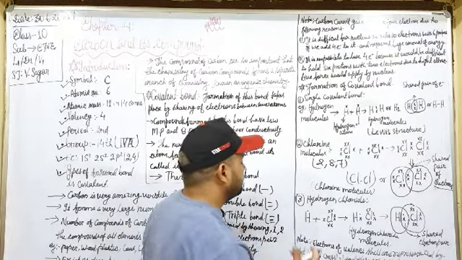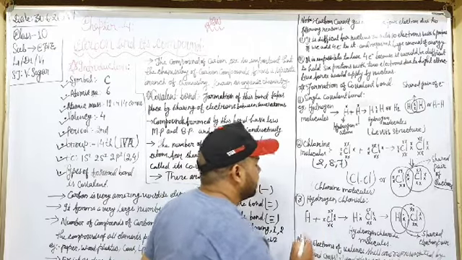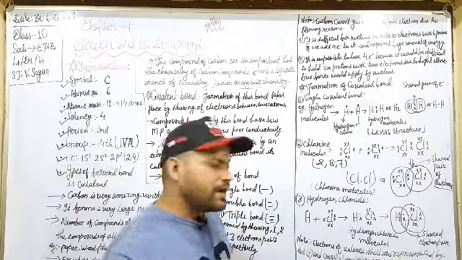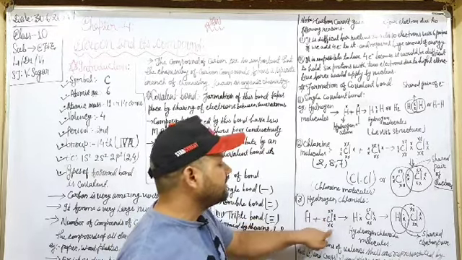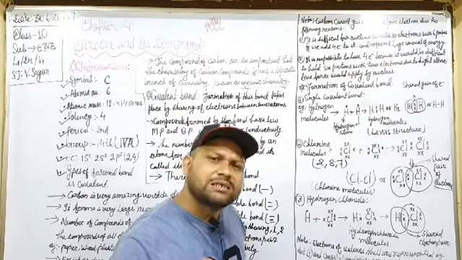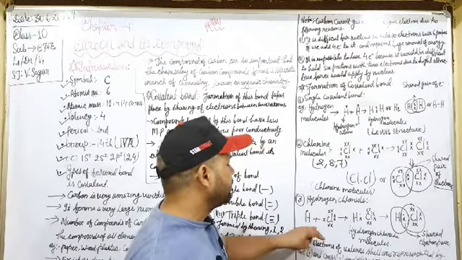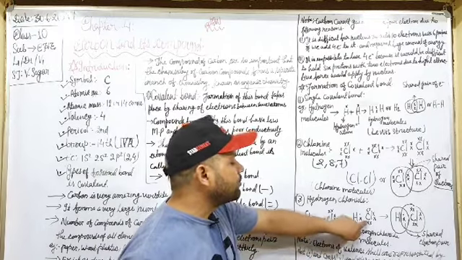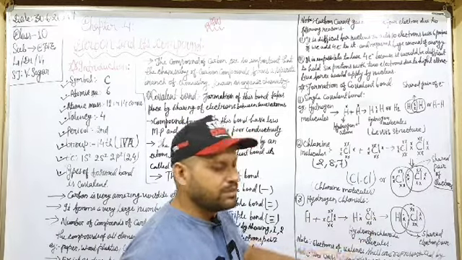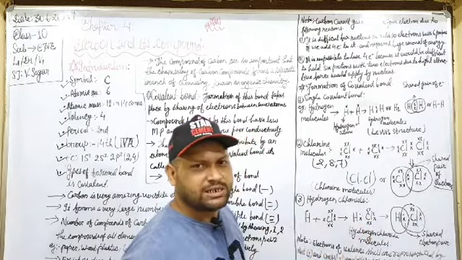So the dot represents the valence electron of hydrogen, and the cross sign represents the valence electron of chlorine, and when they combine, the formation of hydrogen chloride takes place, as shown by the Lewis structure here.